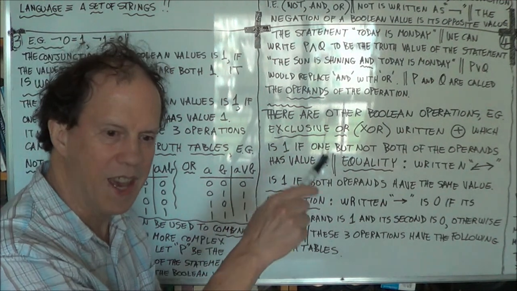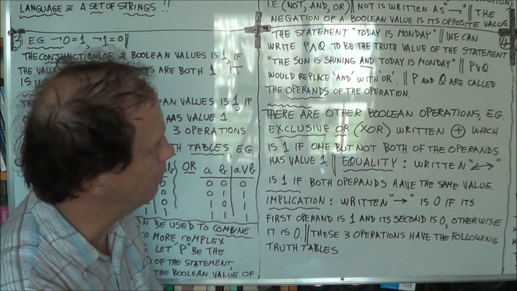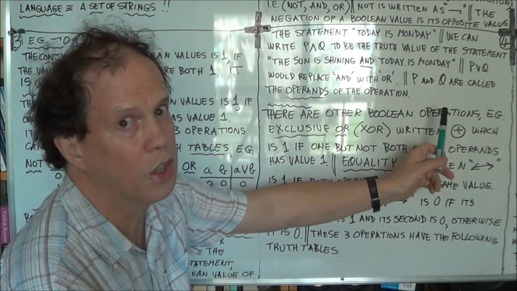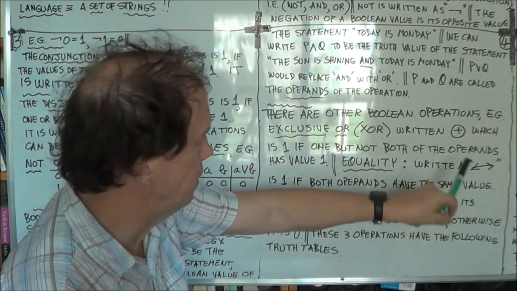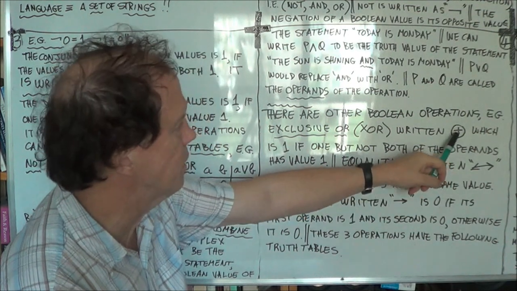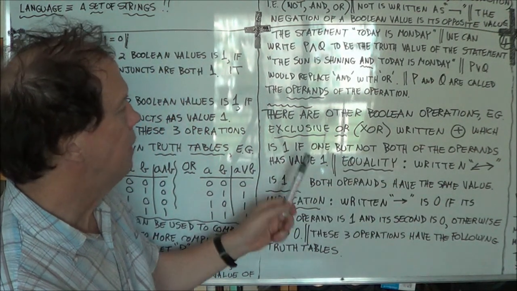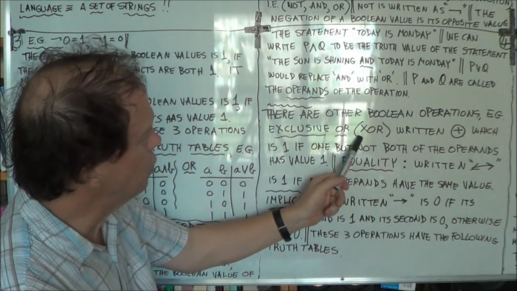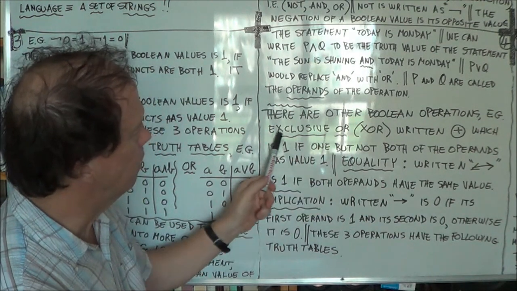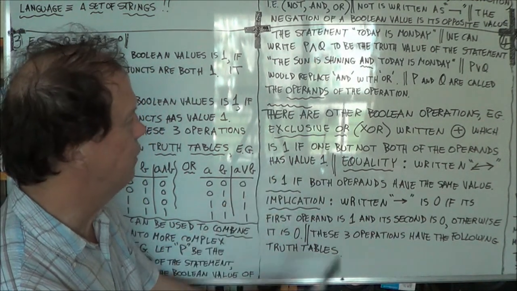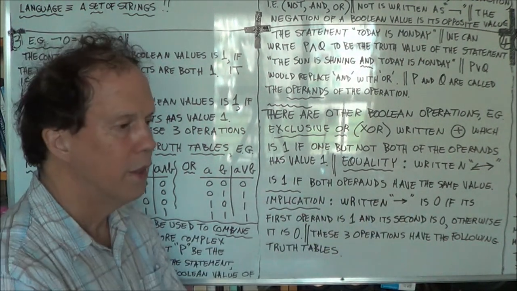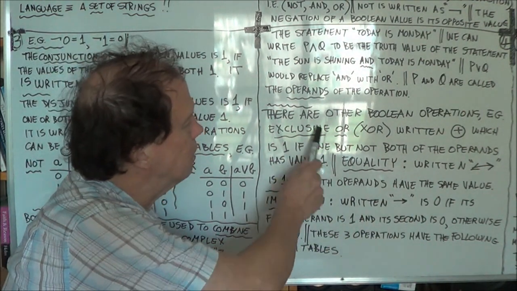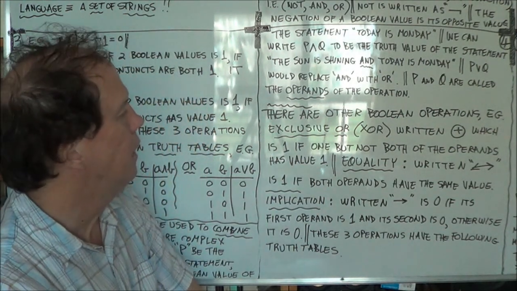Usually I see it as an X in a circle, but anyway, check the author. The symbol used by Sipser is this one, a plus inside a circle. Now, for this operation, exclusive OR, note the word exclusive, like to exclude, to reject or throw out, and you'll see why in a minute.